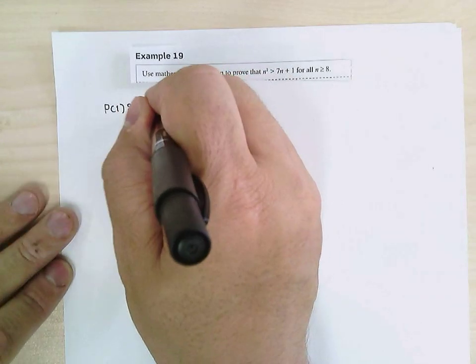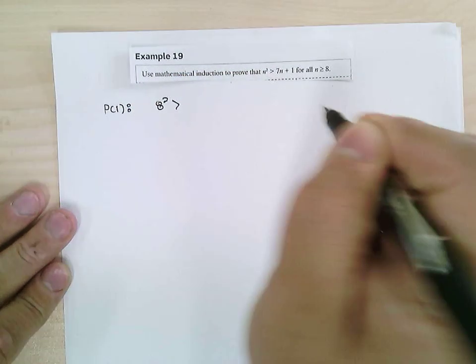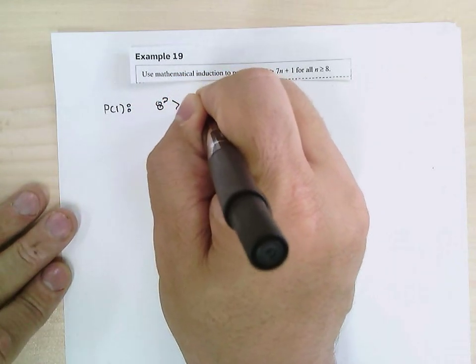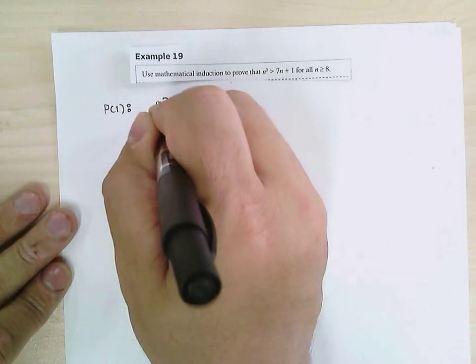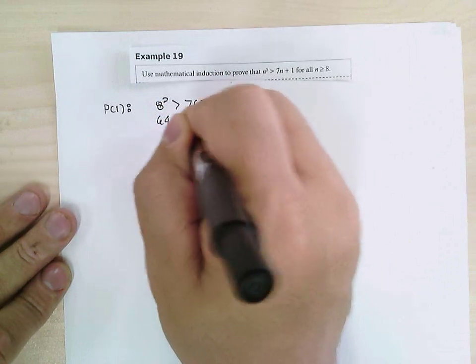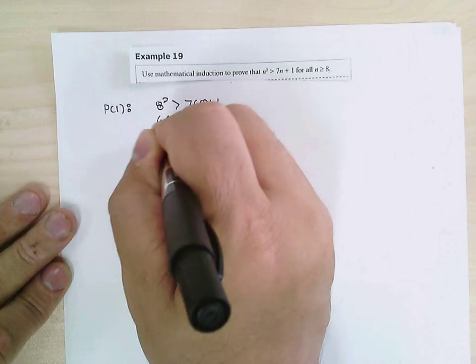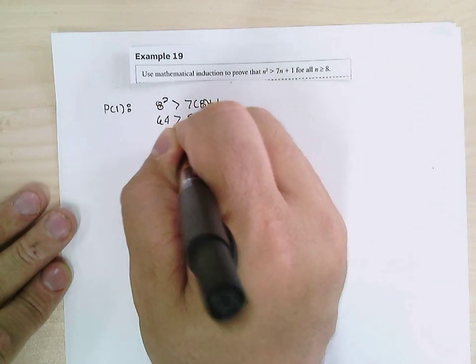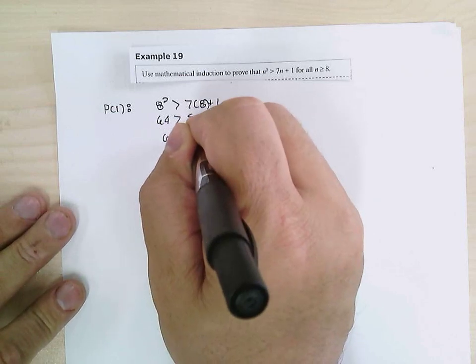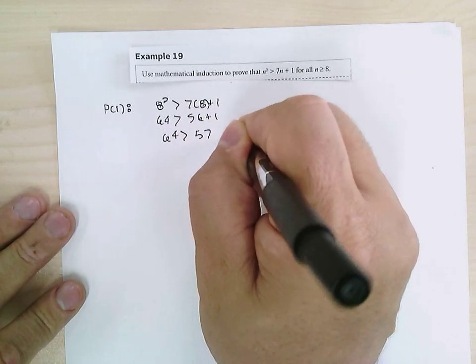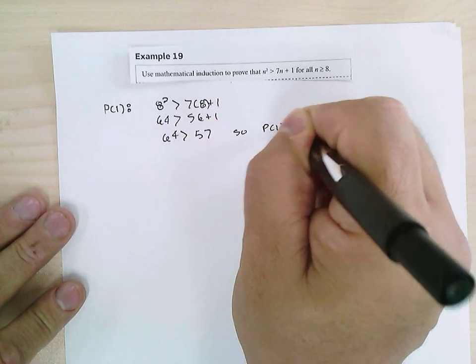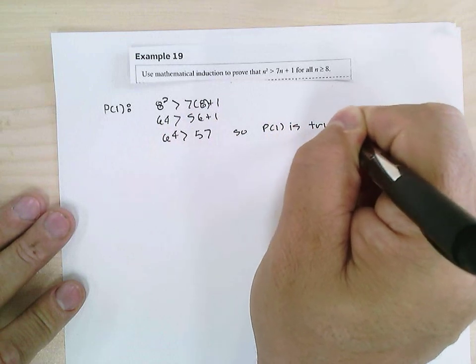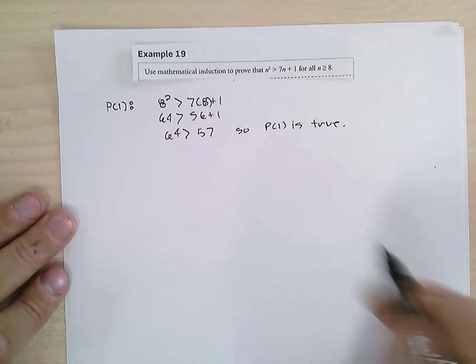So I'll go 8 squared has to be greater than 7 times 8 plus 1. This is 64. This is 56 plus 1, and indeed 64 is definitely greater than 57. So P of 1 is true. Good? So that's the first step. We did P of 1.